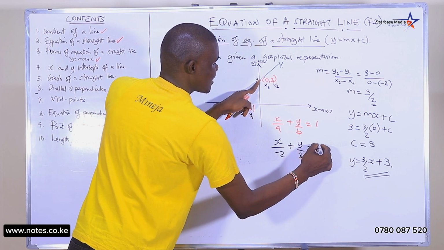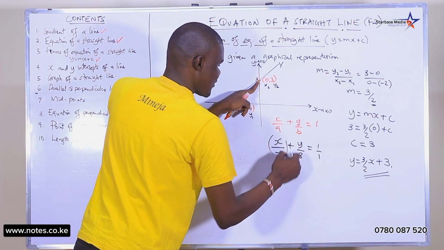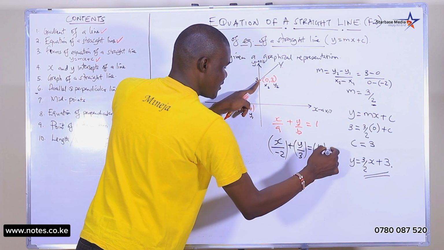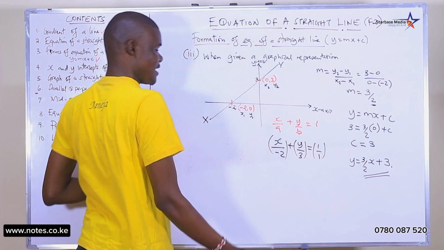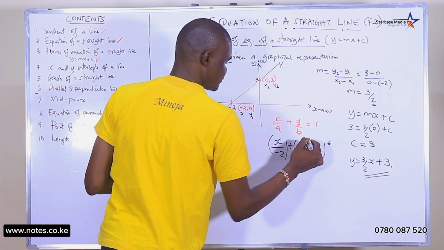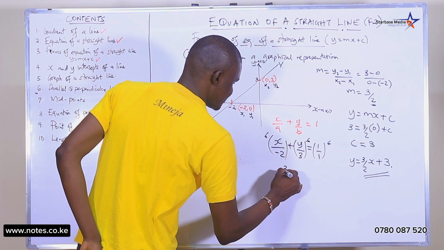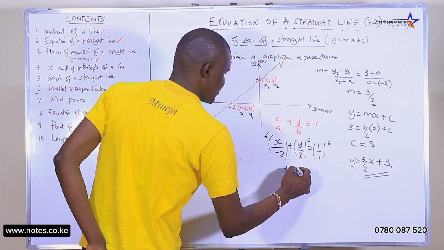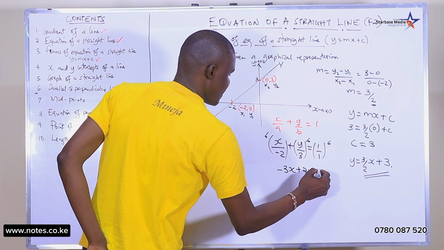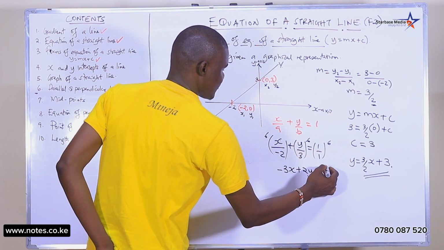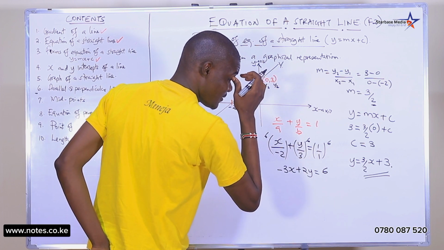3. Your work is just to put it in. The LCM is 6, I think so. That is the LCM of that. So that is -3x plus 2y equals 6.